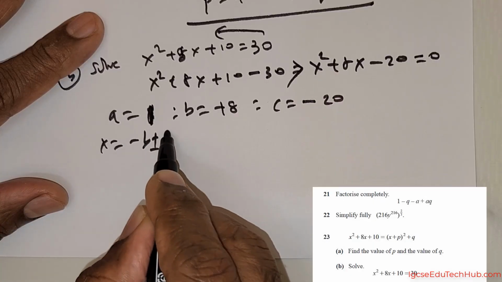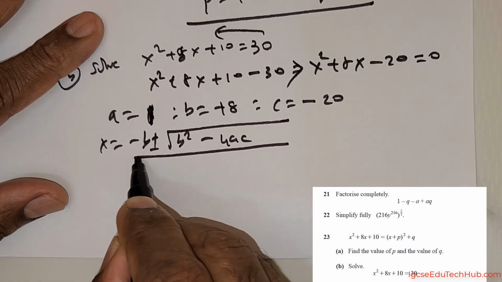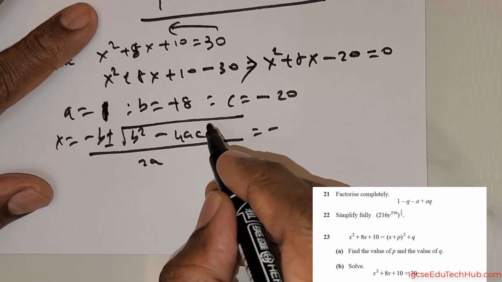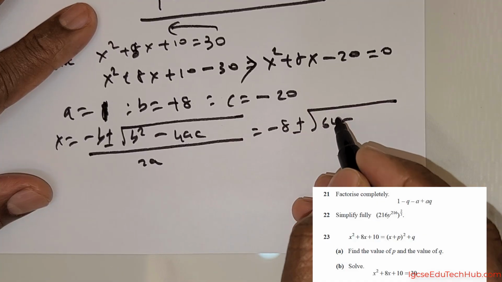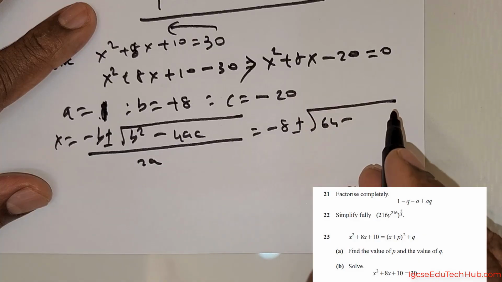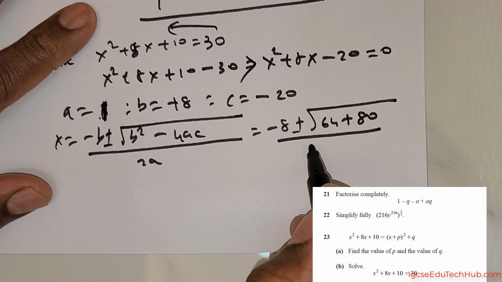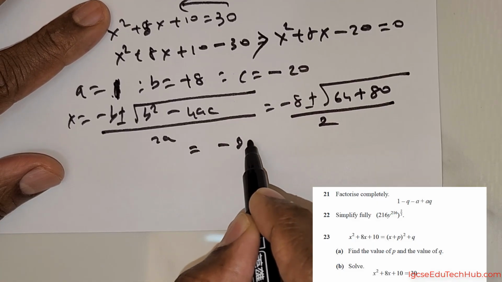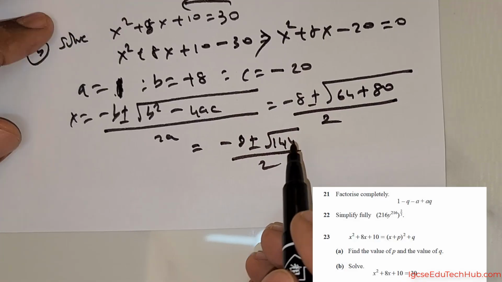I use the formula −b ± √(b² − 4ac) divided by 2a. My b is −8 ± √(b² is 64 − 4ac, so it's positive 80) divided by 2a. This one is 144. So −8 ± √144 divided by 2.